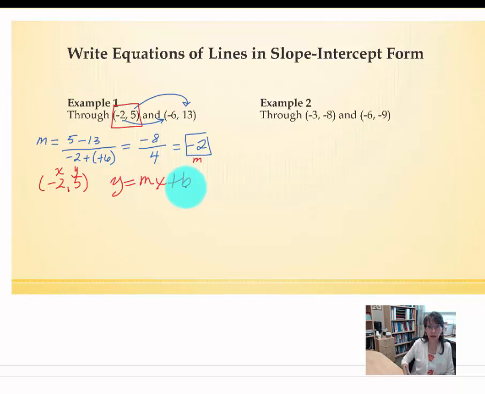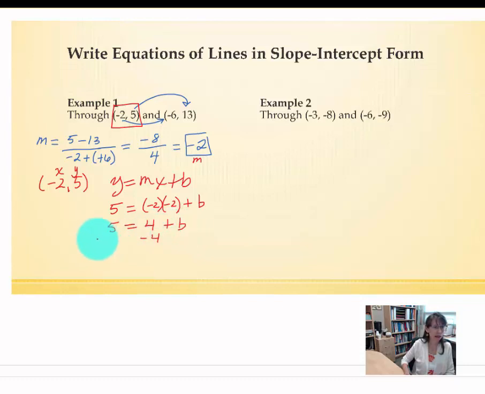which represents our y-intercept. So I end up with 5 equals slope of -2 times x value of -2 plus b. So notice we only have the one variable remaining. 5 now equals 4 plus b. Use your properties of equality now to isolate b.